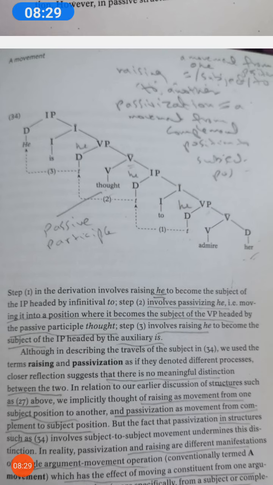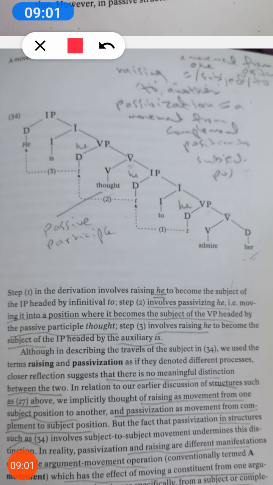But in the first form of passivization, which is the usual one, the traditional one, it is the object that is moved from the complement position into the subject position. But this time, the subject is moved and not the object, from the subject of a verb phrase into a subject of an infinitive phrase, and then in the third movement as the subject of the verb phrase, and finally it is moved as the subject of the auxiliary within a passive sentence.